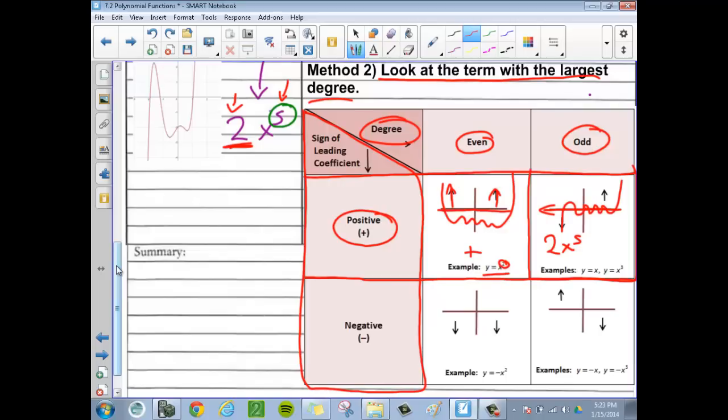Okay, let's take a look at this bottom one. Here we got an example of y equals negative x squared. Well, our coefficient is negative, and our exponent again is even. And so in this situation, you're going to have some graph that goes up like that, something weird's going on in the middle, and it comes back down. And moving over here, examples, we've got y equals negative x to the third.